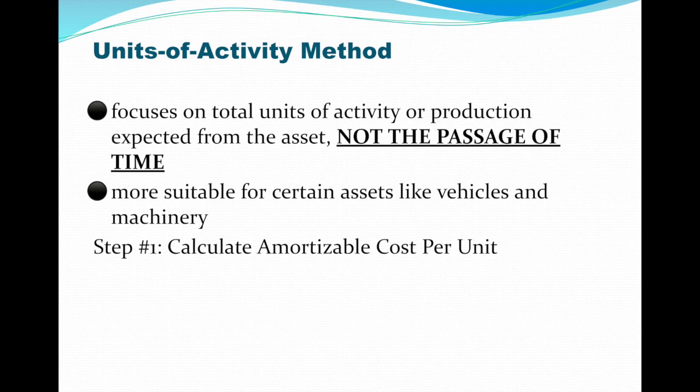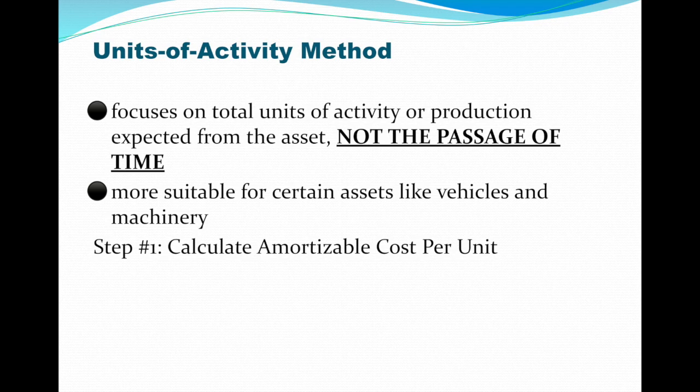Now, this is not applicable to all capital assets. For example, you wouldn't apply this to a building because it's pretty hard to tell what a unit of activity for a building is. But for things like vehicles or machinery, this could be more applicable.